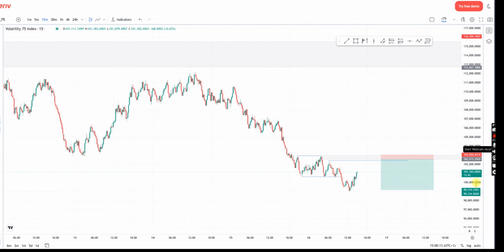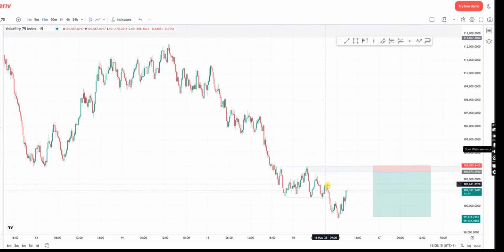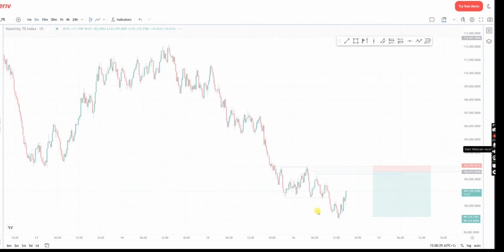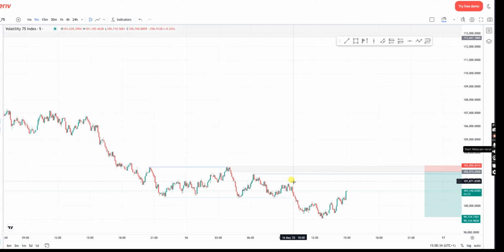Then what do we also have here? After this first break, second break, we don't have any structural liquidity. We can come back into this area and start selling. But I didn't pick this area because this has mitigated this. When I went to the lower time frame, I didn't see any other POI that is still available at that point.